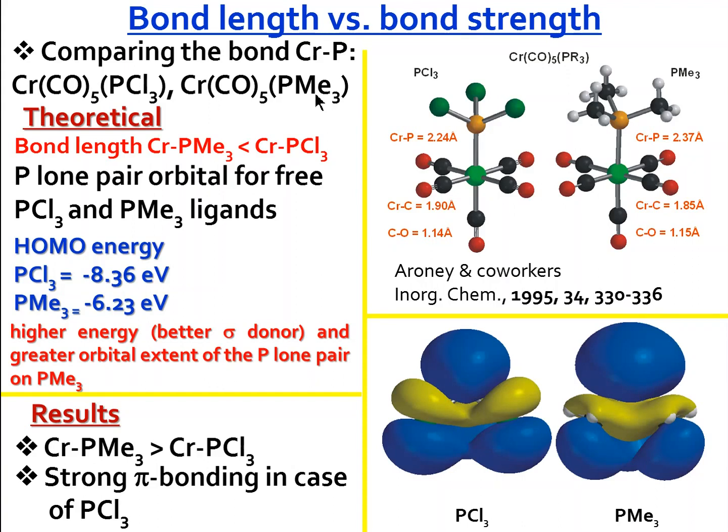By theory, PMe3 is a stronger donor than PCl3 due to the presence of the donor group methyl in PMe3 and the electron withdrawing group Cl in PCl3. So the Cr-PMe3 bond should be stronger than the Cr-PCl3 bond, and therefore the Cr-PMe3 bond distance should be shorter than Cr-PCl3.